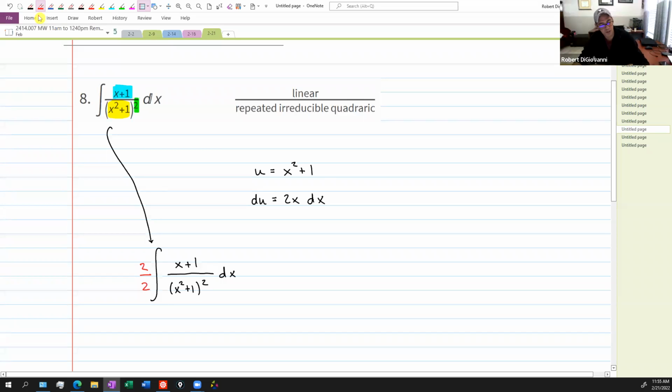And that 2 must distribute. So now we're going to have the integral of 1/2, I had the 2 out here on the bottom. The 2 on top goes through, so 2x plus 2 over x squared plus 1 squared dx.